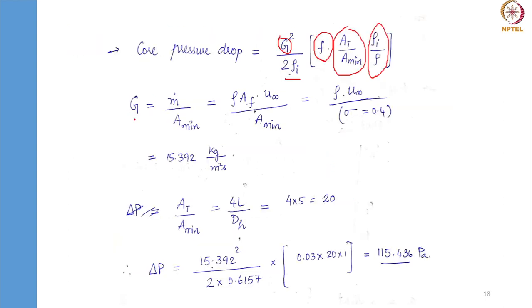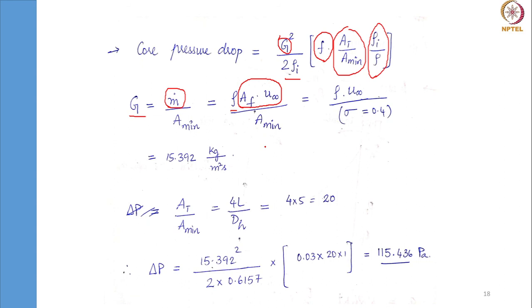The first step in finding out the pressure drop will be the calculation of mass flux, m dot by area minimum. So m dot I will find out in this fashion. m dot is nothing but rho A v from our continuity. So m dot will remain a constant. So rho into frontal area, and if I consider frontal area, I need to take free flow velocity, that is u infinity, that is already known to us.